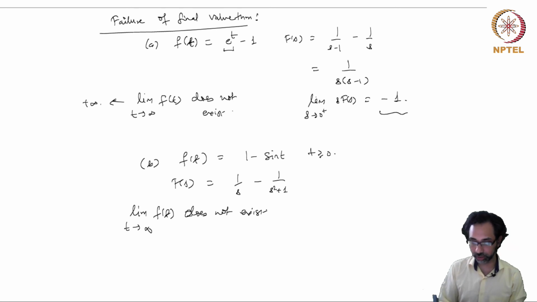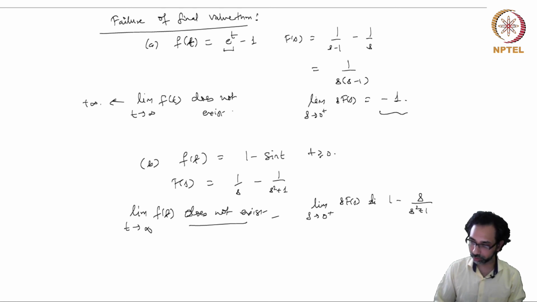It's an oscillatory function, oscillating between 0 and 2, so the limit does not exist, while the limit as s goes to 0 of s F(s) is 1 minus s over s squared plus 1.